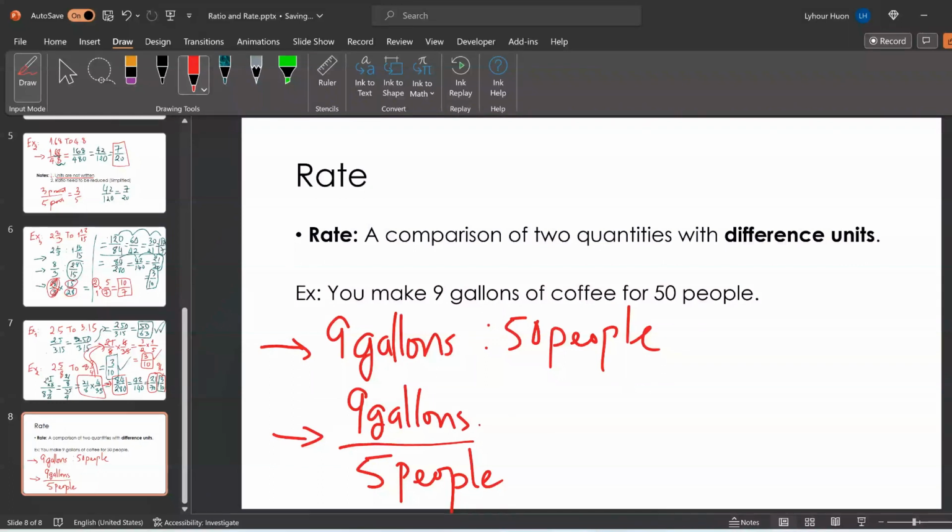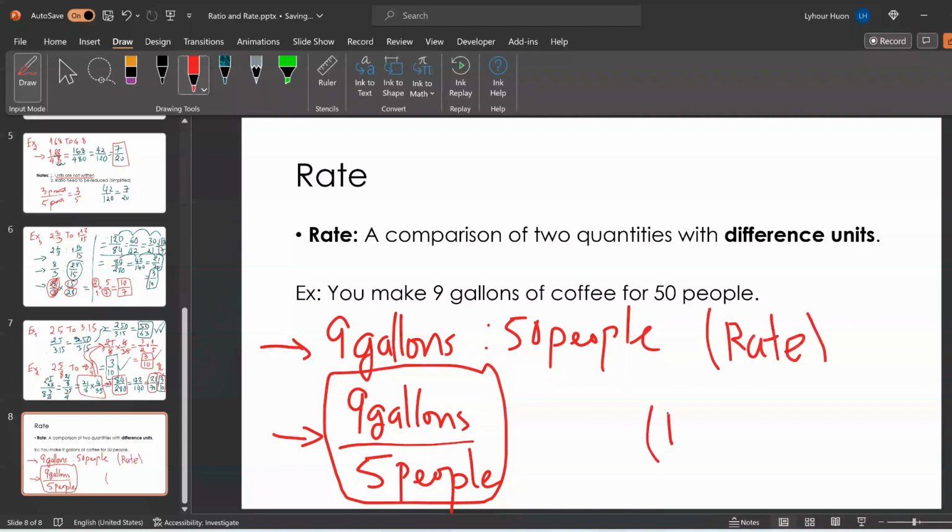That's why we leave it there. They're different units, because gallon and people are different units. So this kind of thing is called a rate. Yes, this is also a rate.